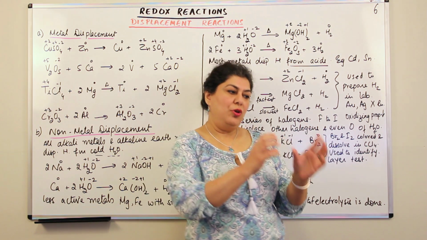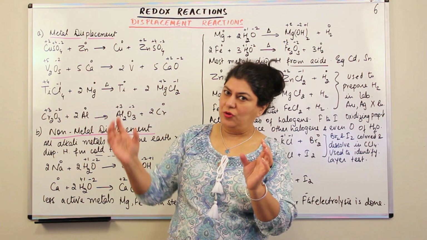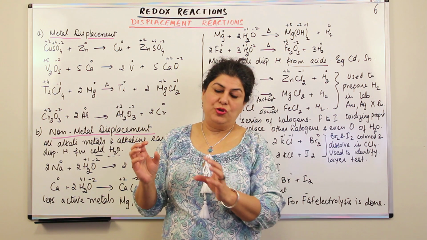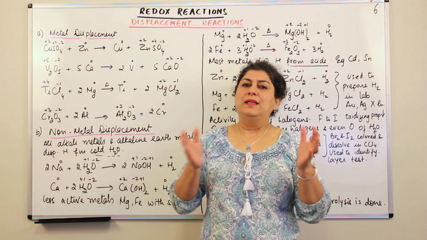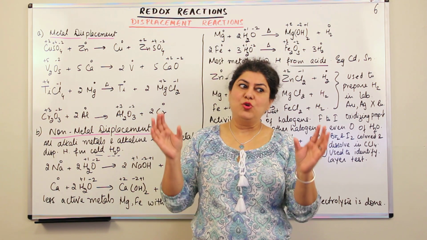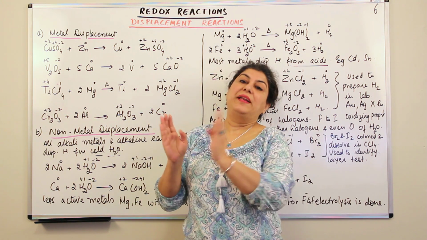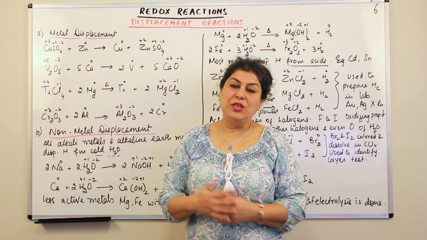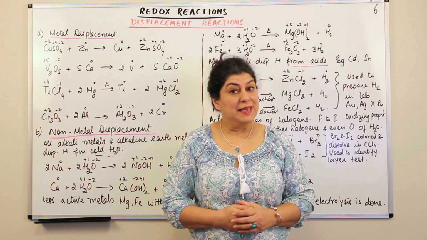Or it could be a non-metal taking the place of another non-metal in the salt solution. So displacement is basically similar types of atoms, whether metals or non-metals, taking the place of another in a compound. Such a reaction is known as a displacement reaction.